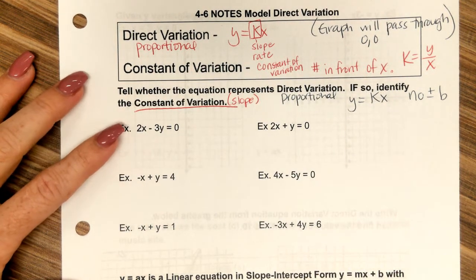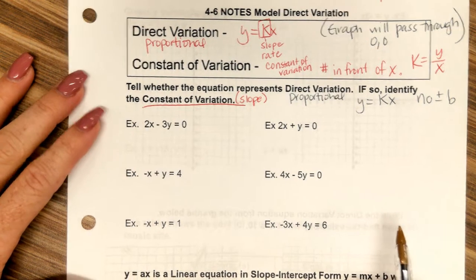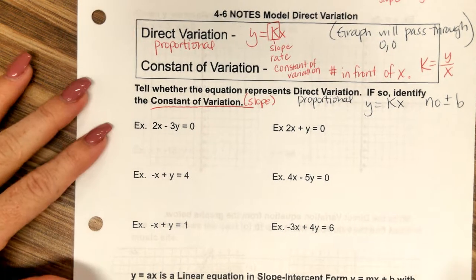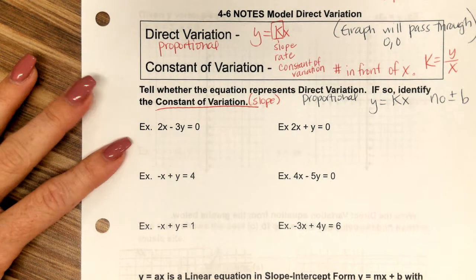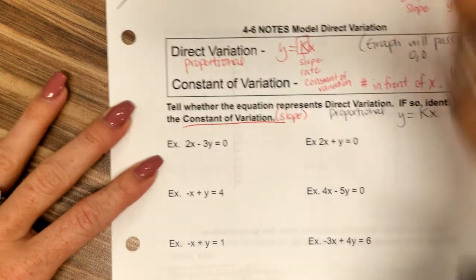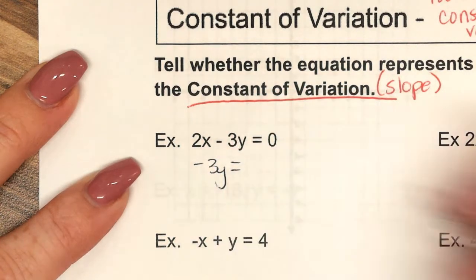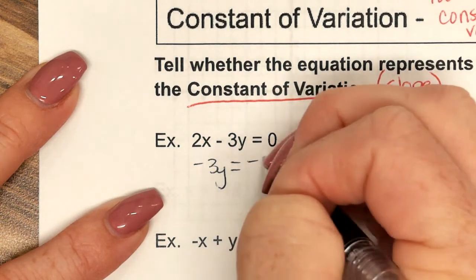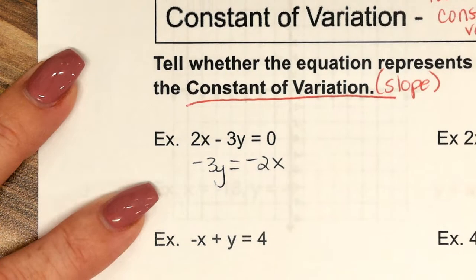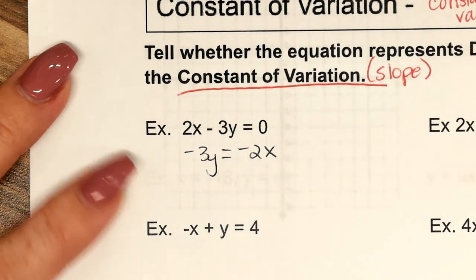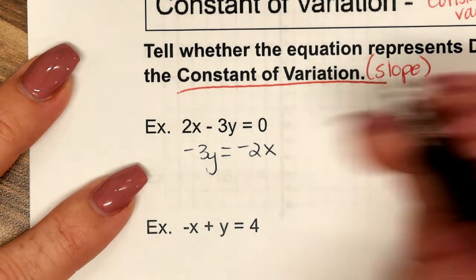What do I need to do to these equations so I know if they're showing direct variation? Rearrange them. I have negative 3y equals negative 2x. Do I have to write the plus 0 or can I just leave it alone? How do I get rid of the negative 3?